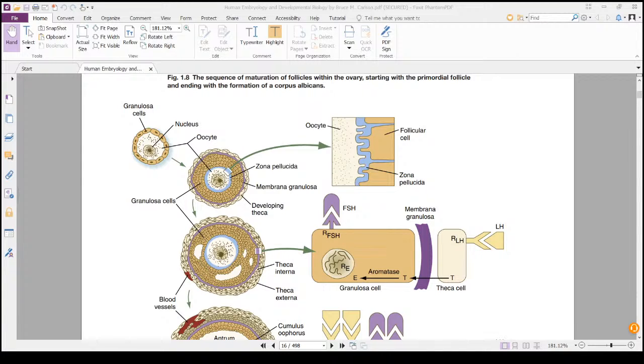Now, early development of the follicle occurs without significant influence of hormones like follicle stimulating hormone. I'll write it down.